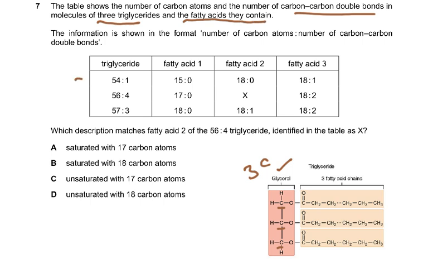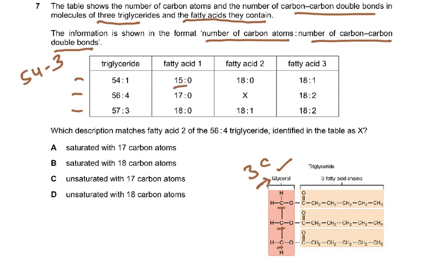So these are 3 different triglycerides, 1, 2, 3. The information shown in the format is number of carbon atoms and number of carbon-carbon double bonds. So the triglyceride is 54. So why would I say 54 minus 3? Because you see the 3 is from the glycerol. So you remove that, so this should be 51.